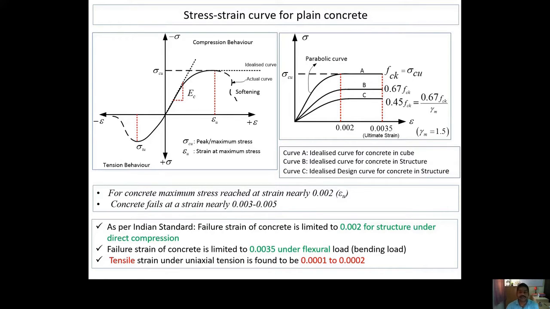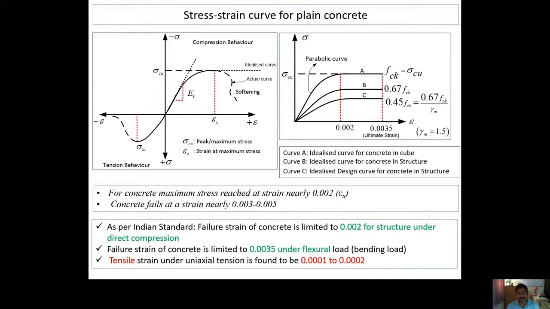The specimen subjected to compressive force in the displacement control machine reaches the maximum value, which we represent here as sigma cu, and correspondingly that strain is epsilon u. Thereafter, if you continue the test, you will observe the softening nature, and this will be the maximum strain for the concrete. After the softening part, this is the failure part where the graph ends.